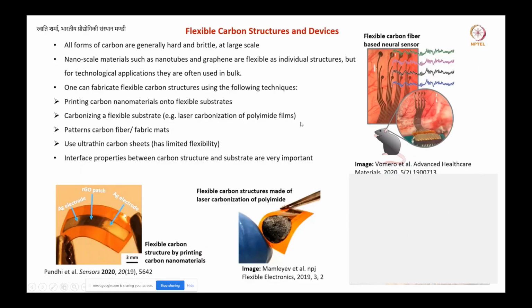But nanoscale materials such as nanotubes and graphene are flexible as individual structures, though for technological applications they are often used in bulk. One can fabricate a flexible carbon structure using techniques such as printing carbon nanomaterial on a flexible substrate. Here you can see a flexible substrate, a polyimide substrate.